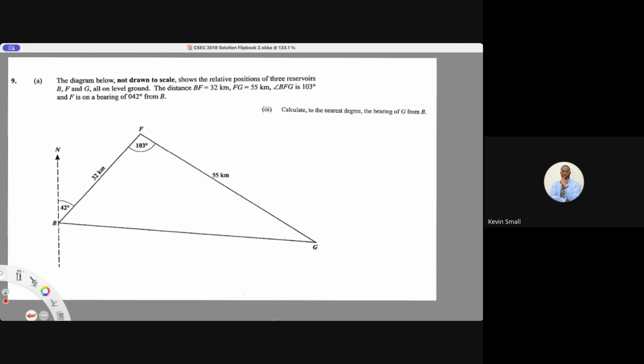Calculate to the nearest degree the bearing of G from B. G from B. So if they said the bearing of G from B, then they want this angle here.